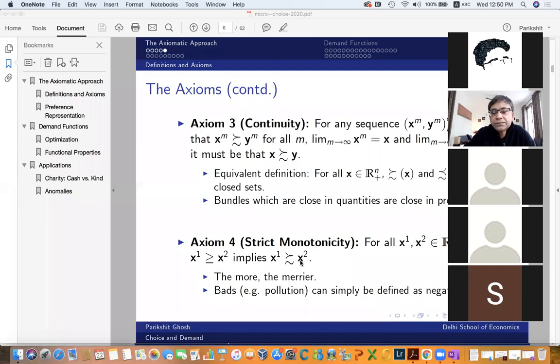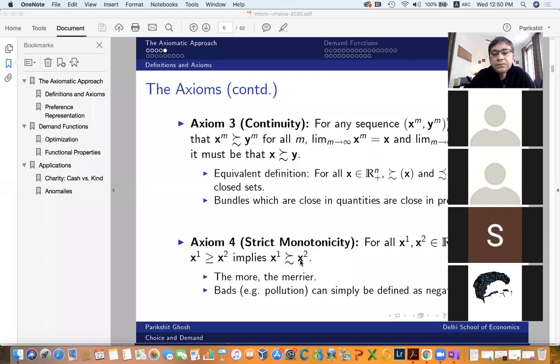Sir, you just said that if we increase the quantity by just a little amount, then the preferences are just a little bit better off. Sir, is this the same definition that we use for local non-satiation? No. Is it different than that? Yes. Local non-satiation is basically monotonicity.